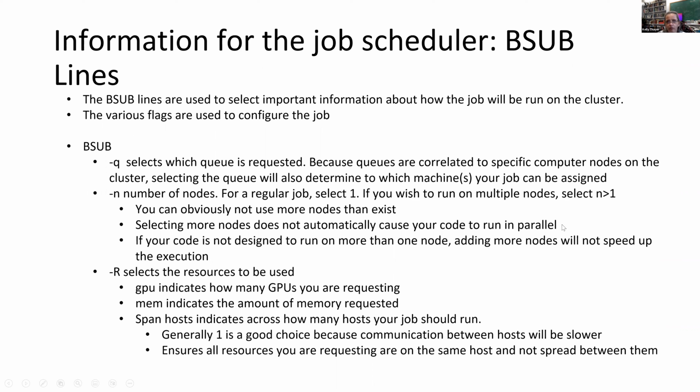You actually have to have code which is compiled to execute in parallel. So if it hasn't been written that way, just picking more nodes doesn't make it all of a sudden become parallel. If your code is not designed to run on more than one, it will not speed up the execution either, because it will still only be running on one node while you're blocking up other nodes that are doing nothing. So please pick the correct number of nodes.